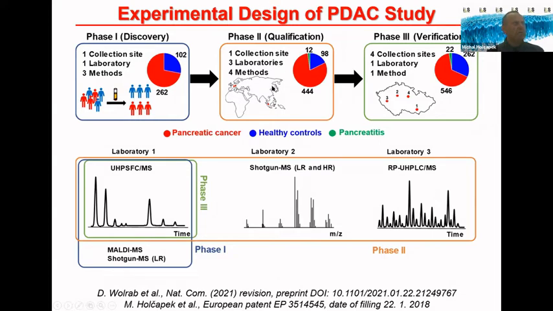In phase 2, we invited colleagues from Germany and Singapore, and they used additional 3 methodologies. And finally, the verification phase for more than 400 different samples obtained from 4 different Czech hospitals. So everything in red further will relate to pancreatic cancer patients. Blue is healthy controls, and green means a chronic non-cancer disease called pancreatitis.